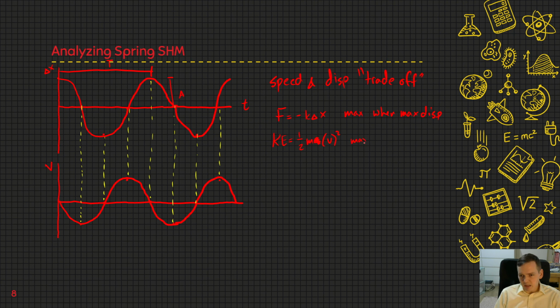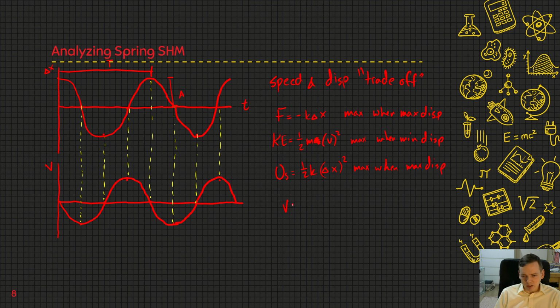This is max when minimum displacement, so when the displacement is 0. And the spring potential energy is 1/2 k delta x squared. And so this is max when max displacement.